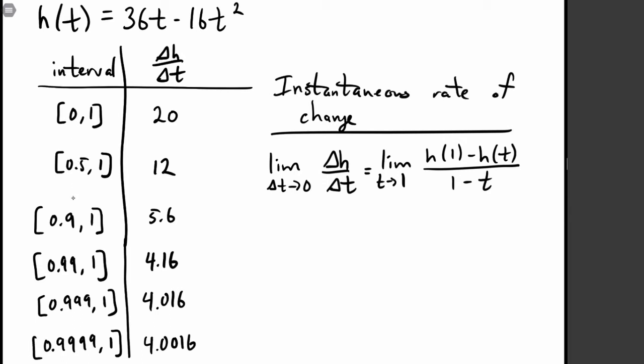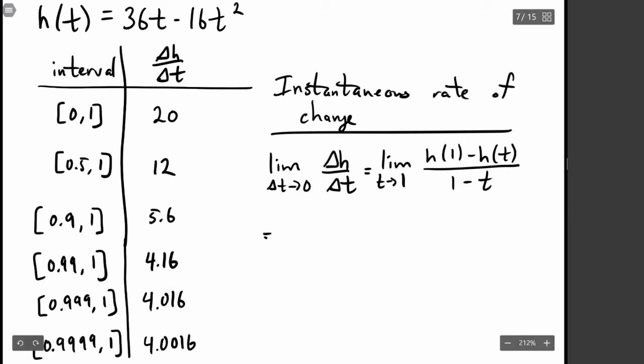So if we look at this left number here and call it t, the right number is always 1. If we call the left number t, this number is approaching 1. So we're taking the limit as t approaches 1 of this expression right here. And this expression right here is the average rate of change. But we're going to take the limit of that now.